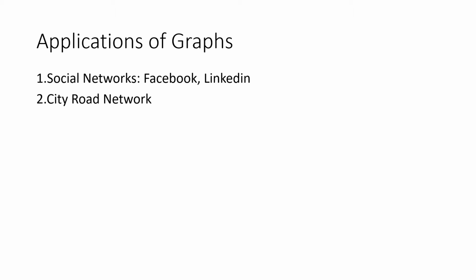And suppose you have mentioned that you are from a particular college, you may get information about those students who study in the same college or those persons who have mentioned the same college. You may get some of them as suggestions. So this is how you can see the applications of it.